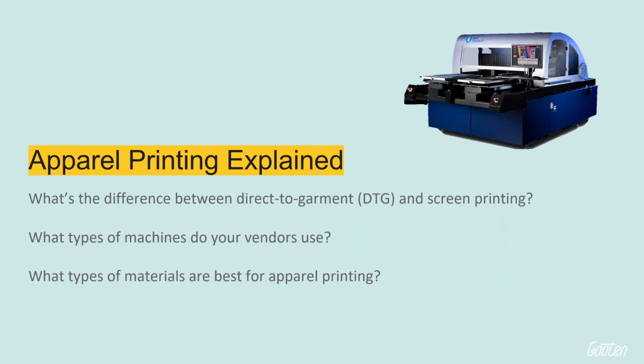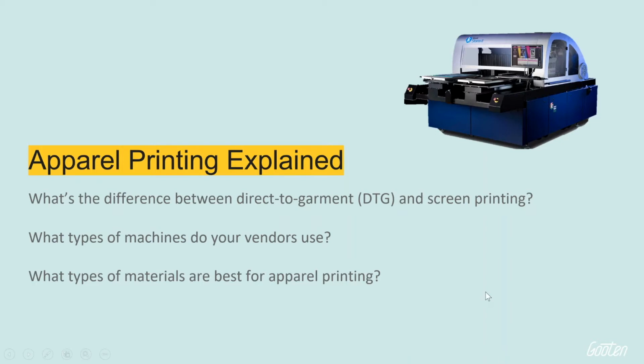Now, as far as DTG as a process goes, it's great for on-demand printing because it works on single orders. The way it works is that the pre-treatment is sprayed onto the blank garment so that the color adheres to the fabric better.